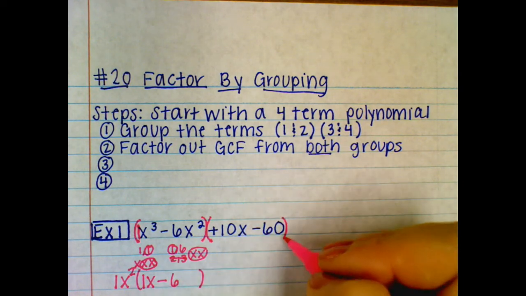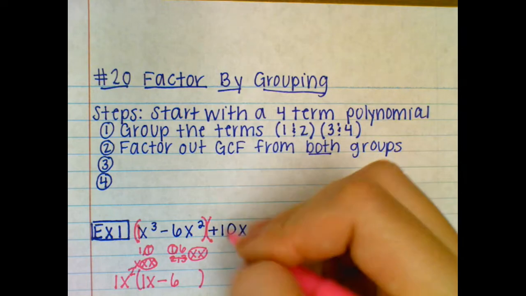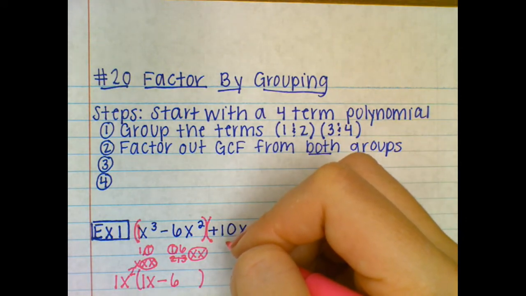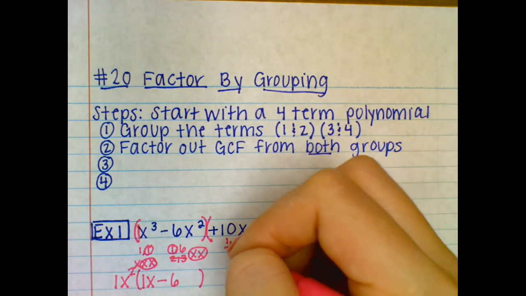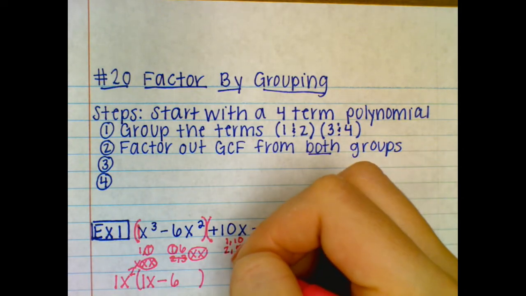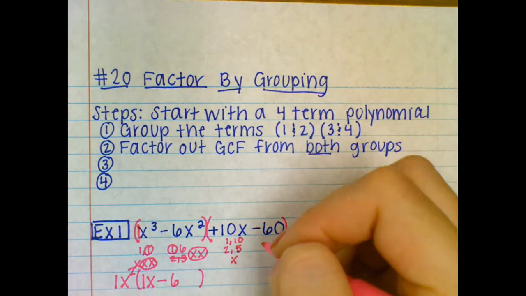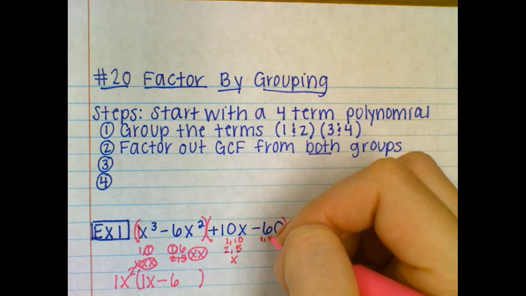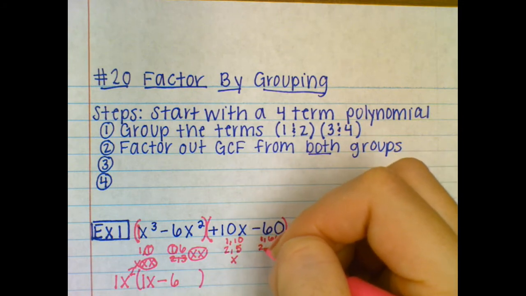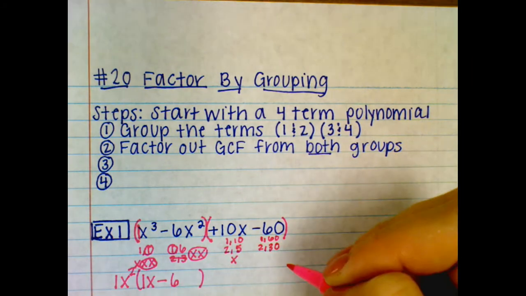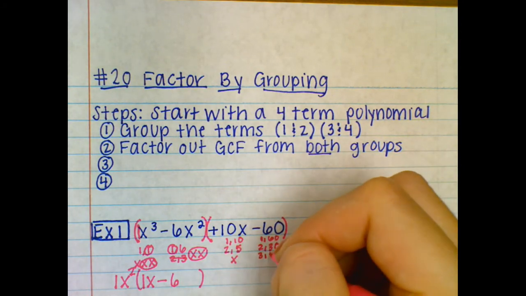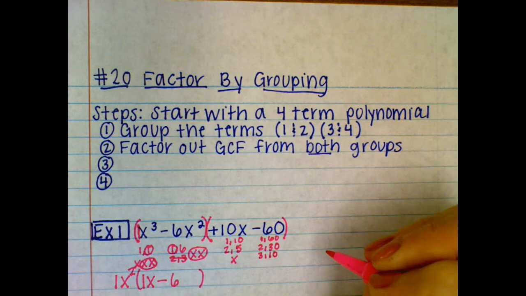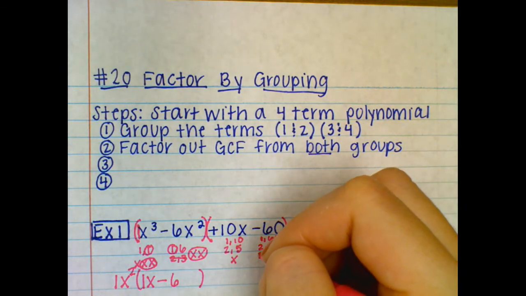Now I'm going to do this again with this side. So I'm going to say, okay, factors of 10, 1 and 10, 2 and 5, and I have an x. 60, 1 and 60, 2 and 30, 3 and 20, 6 and 10.